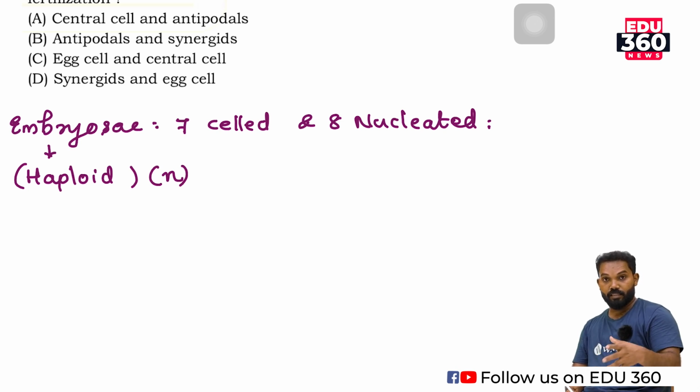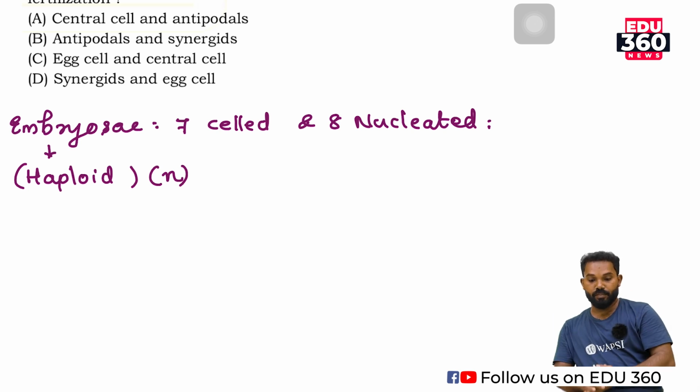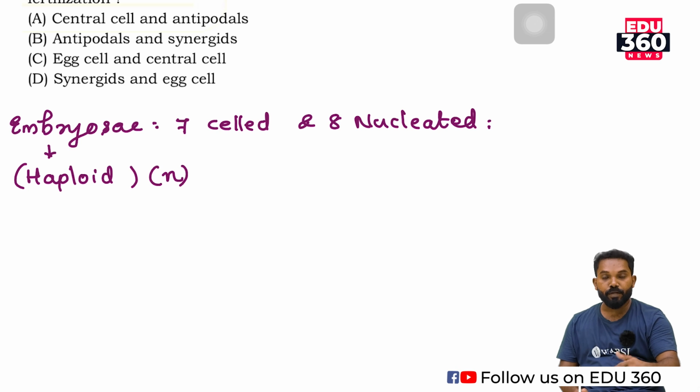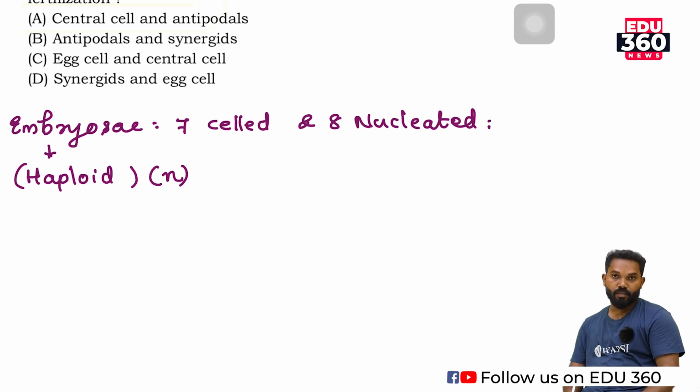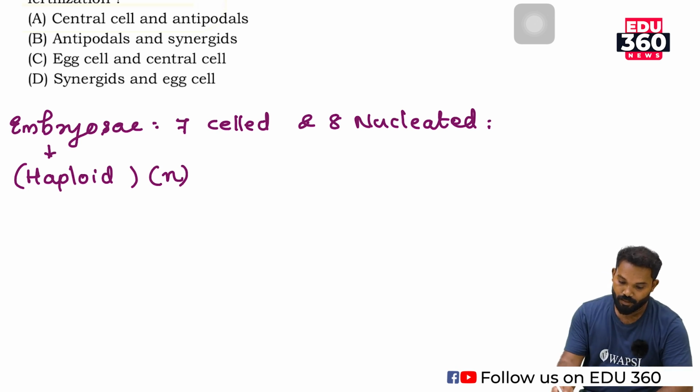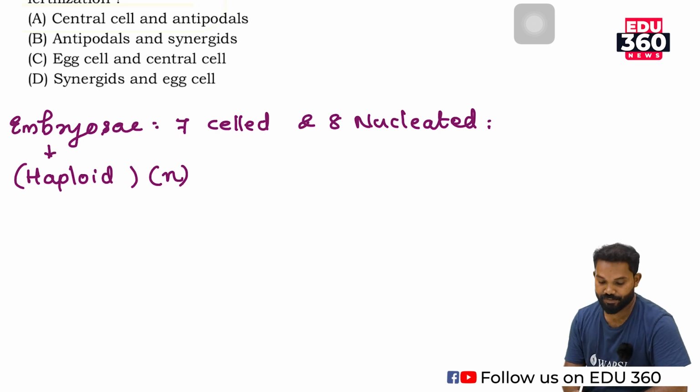So generally in an angiospermic plant, the main body and major part of the body cells are diploid in nature. But the embryo sac that is present within the ovule is haploid in nature. Then each cell of the embryo sac, obviously, is also haploid in nature.